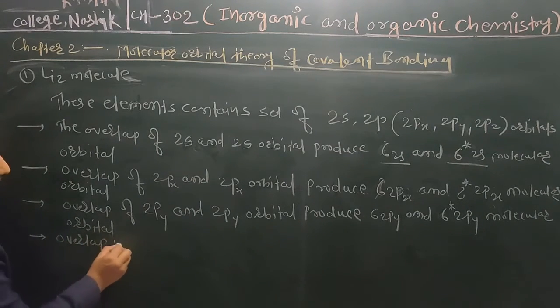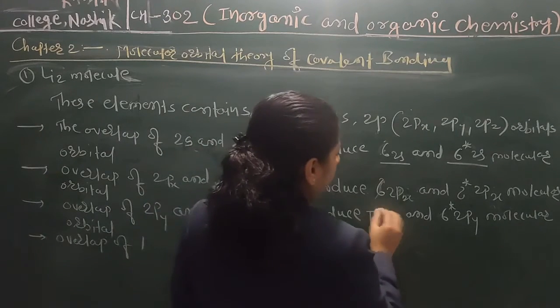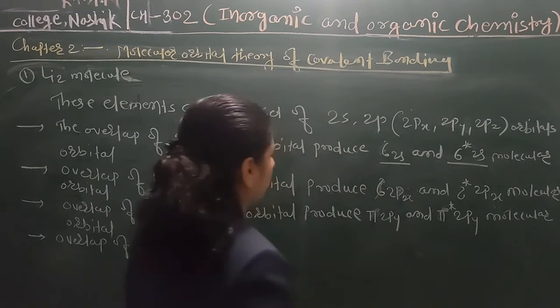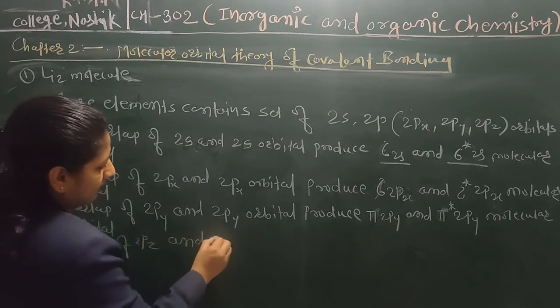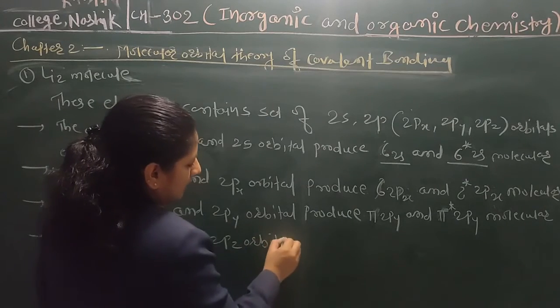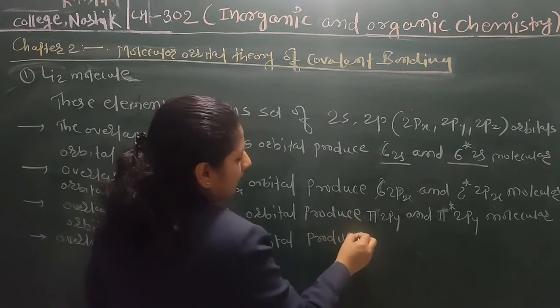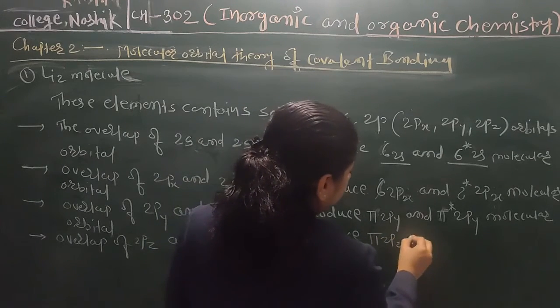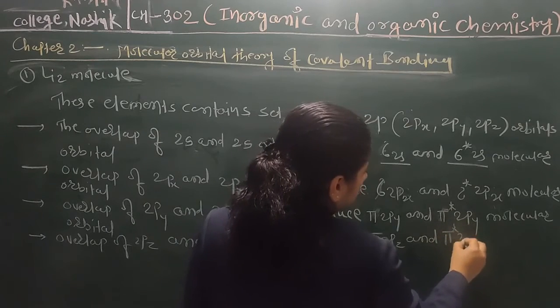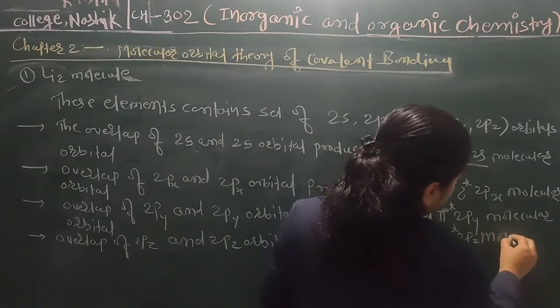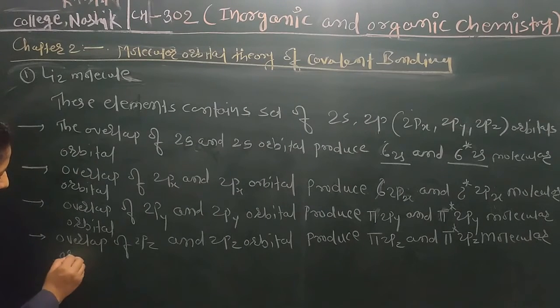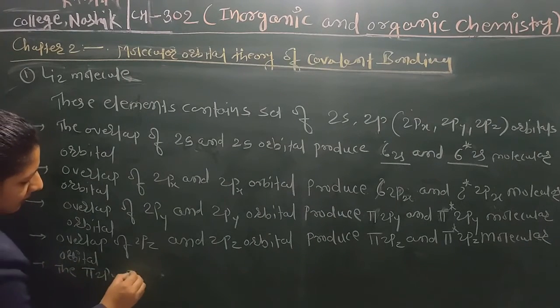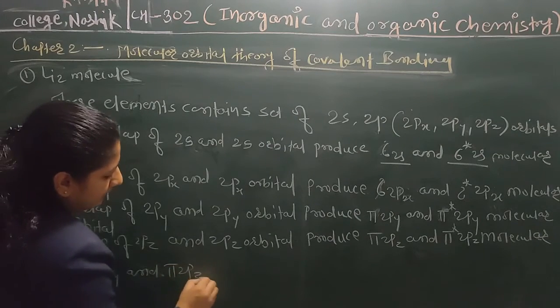Overlap of 2py and 2py produces pi 2py, whereas overlap of 2pz and 2pz orbitals produces the pi 2py and pi 2pz molecular orbitals.